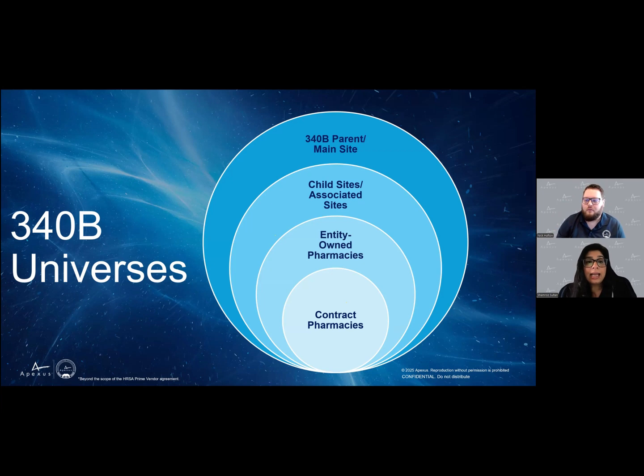Here's a slide outlining different settings of the 340B program. The covered entity that registers for the 340B program is considered the parent site or the main site. The parent site can have child sites, which are sites associated with the parent site where the 340B program is administered. Another setting is the entity-owned pharmacies.